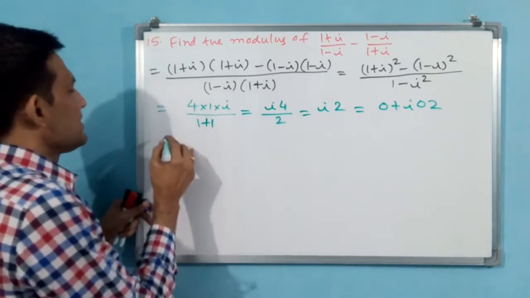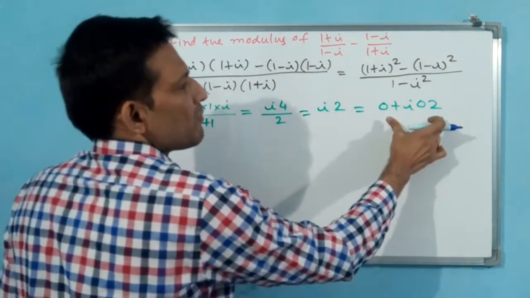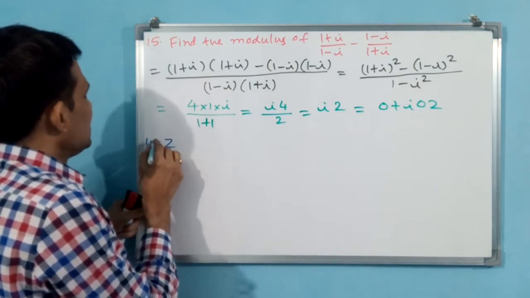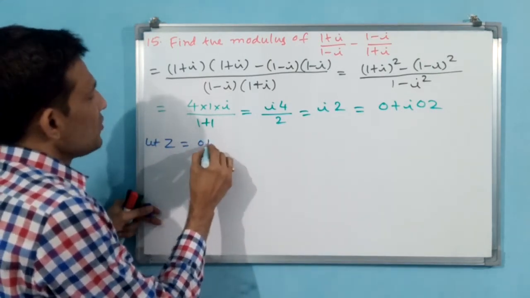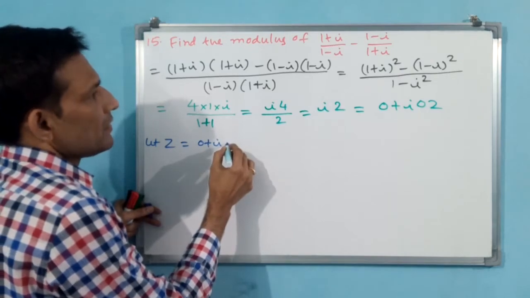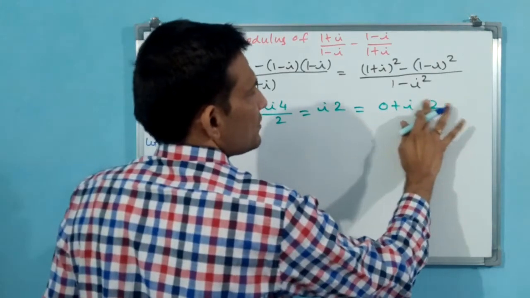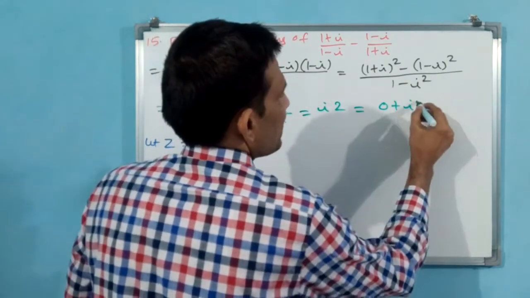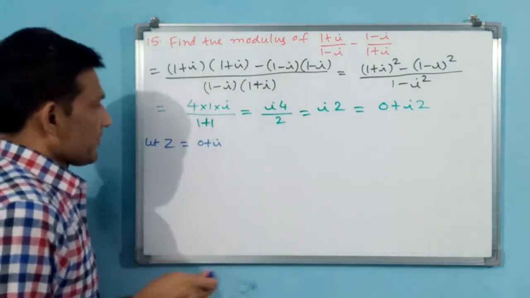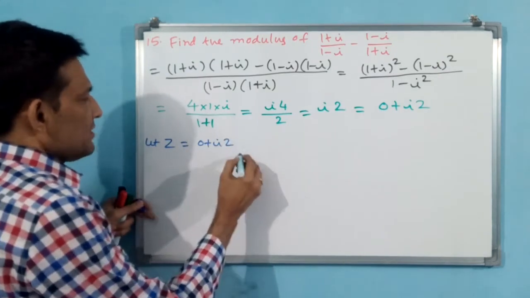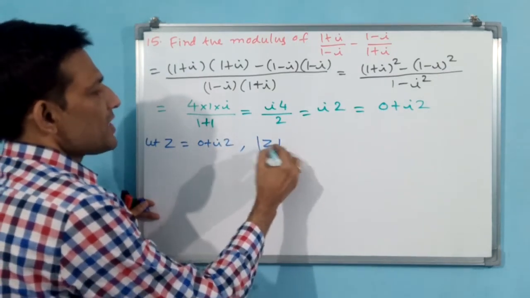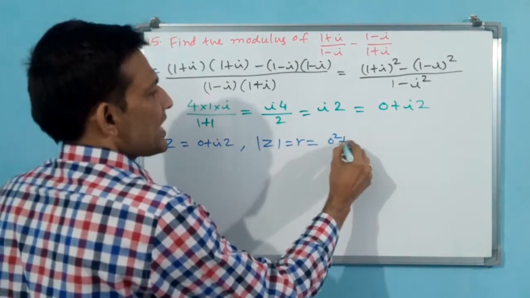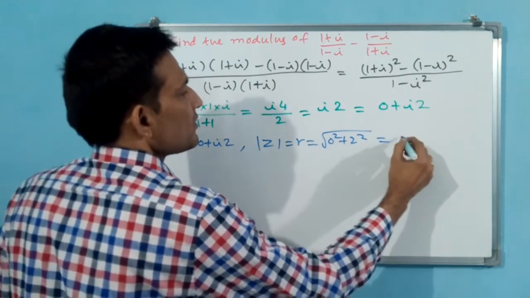Now you take this as Z. Now see, rather than 4 numbers, you have got only one number. Then you can find modulus. Let Z is equal to 0 plus 2i. Modulus of Z, that is equal to r, is equal to square root of 0 square plus 2 square, that is equal to 2.